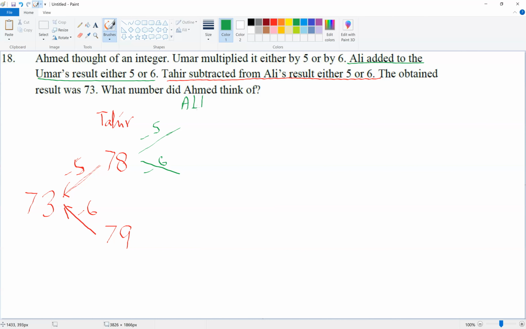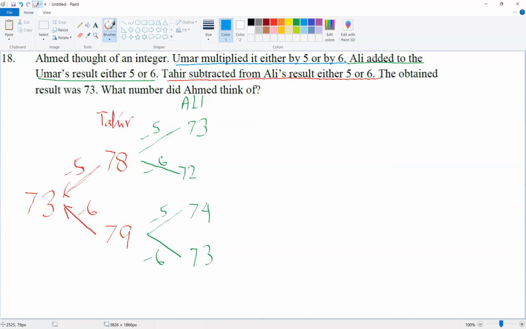Either 73 or 72. Don't forget this one. It says 74 or 73, correct? Next.